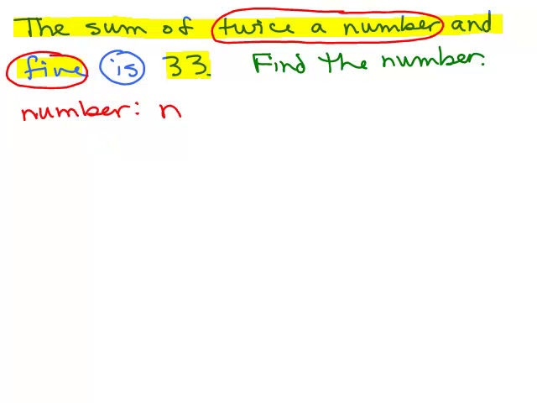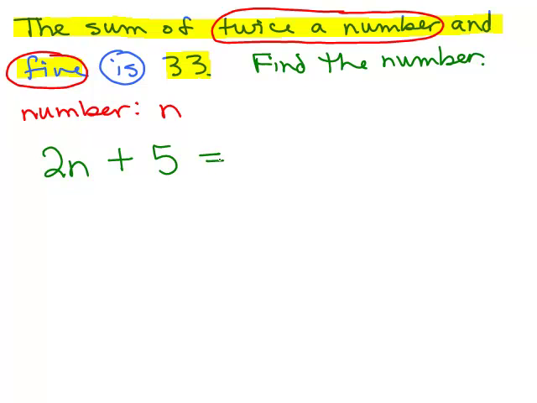So we're going to do a sum, so we want to use a plus sign, and in front of the plus sign is twice a number. Now we called the number n, so twice a number means 2 times the number, 2n. So that represents twice a number, and we're doing it as a sum with the number 5. So 2n plus 5 is the equal part.